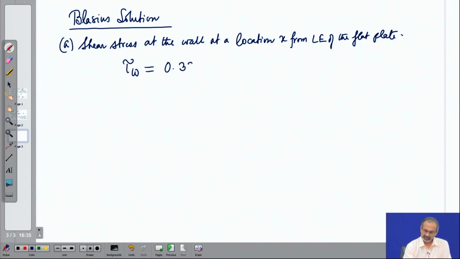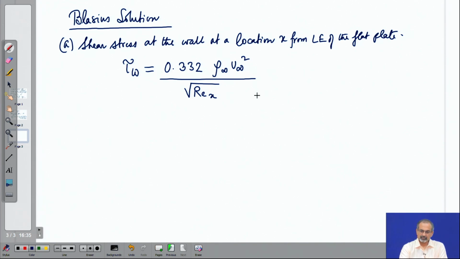So, from the table of values from Blasius solution, the expression for the shear stress for laminar incompressible boundary layer comes out to be this. Remember that Rex is basically the local Reynolds number. That means, at a distance x from the leading edge, if you calculate the Reynolds number, that is what it comes out to be, Rex. It is based on this length scale.